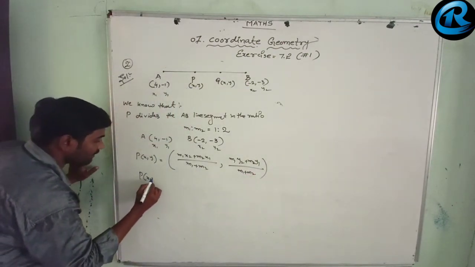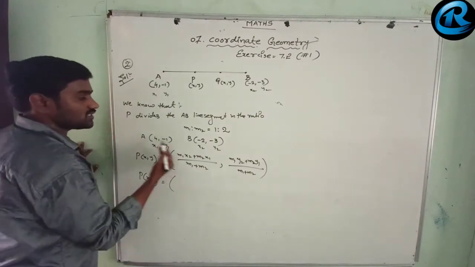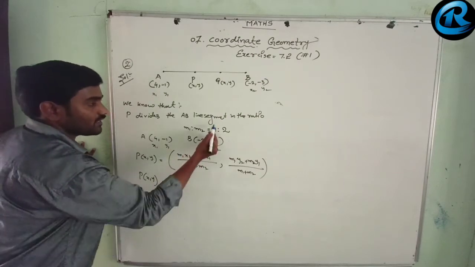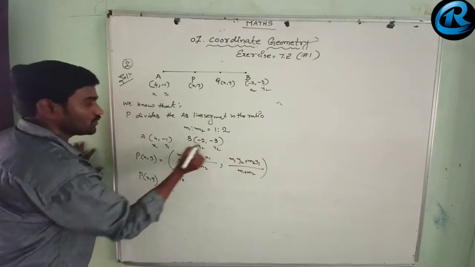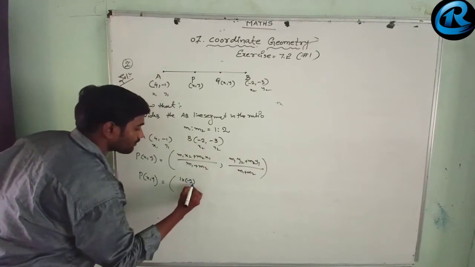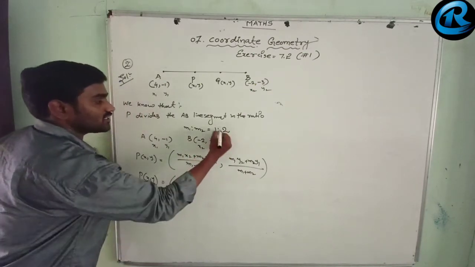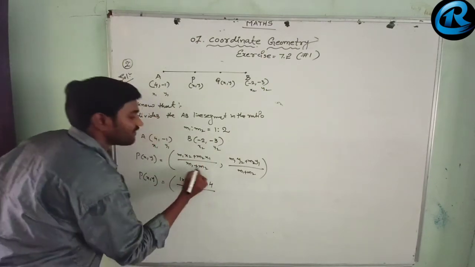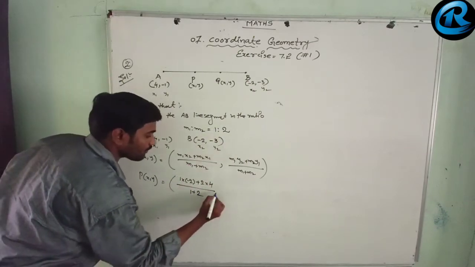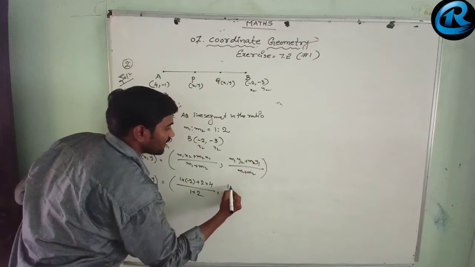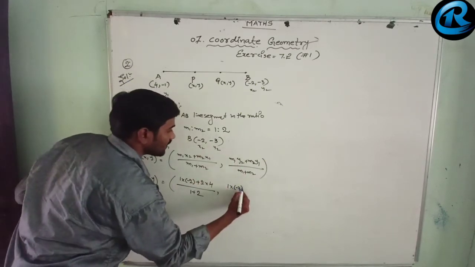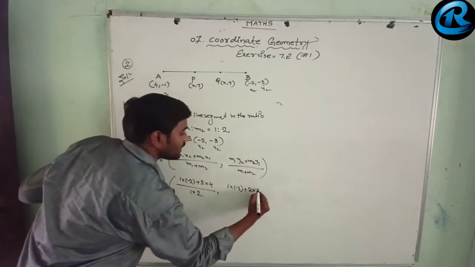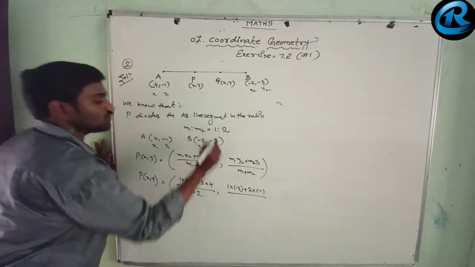Let us substitute all these values. m1 that is 1 into x2 that is -2, plus m2 that is 2 into x1 that is 4, by m1 plus m2, 1 plus 2. And m1 that is 1 into y2 that is -3, plus m2 that is 2 into y1 that is -1, by 1 plus 2.